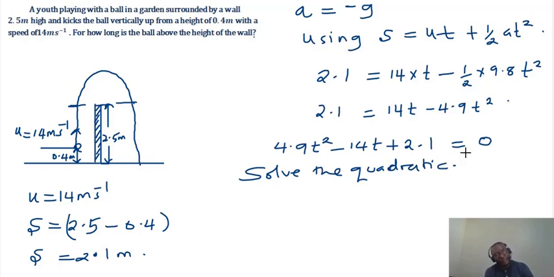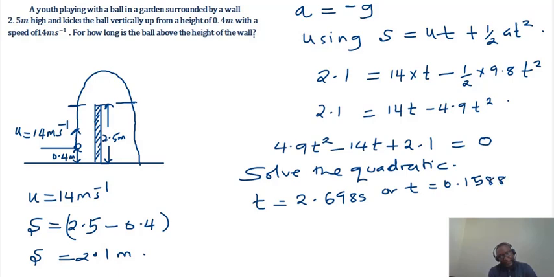So you can first pause the video to solve the quadratic here, and then you'll confirm to me that t is going to be equal to 2.698 seconds, or t is going to be equal to 0.15883 seconds.